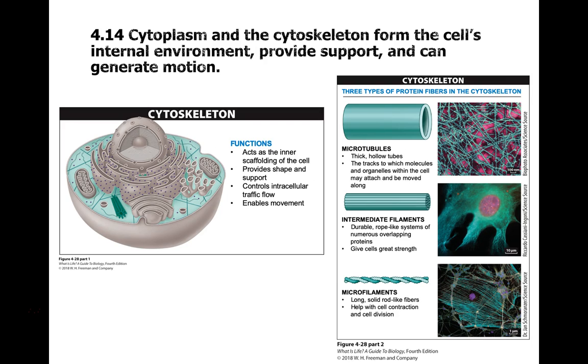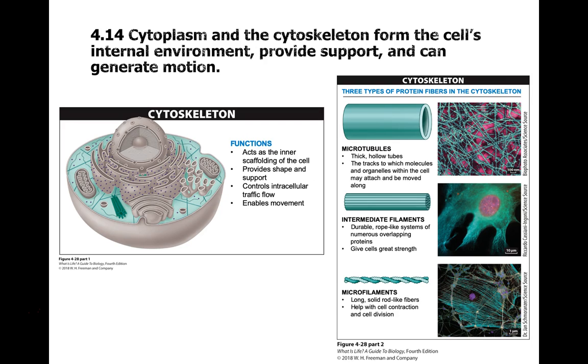Outside of the nucleus, we have the cytoplasm, which is sort of this jelly-like fluid that fills the cell and helps to support it a little bit. All of the other organelles, all of the gray structures that are shown here, are actually sort of suspended within the cytoplasm. Now remember, the plasma membrane is sort of almost flimsy.